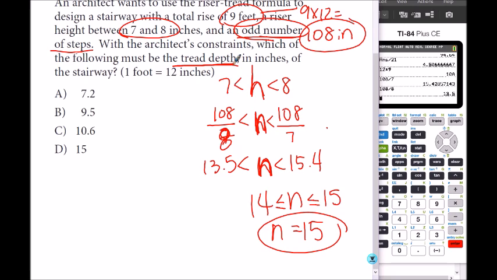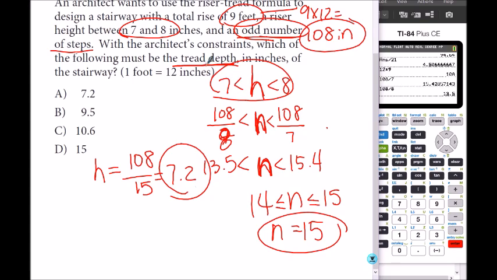So when we go back to this, height, we already have height is between 7 and 8, and we got the number of steps. So now the actual height of it will be 108 total height divided by number of steps. 15 gives 7.2, right?